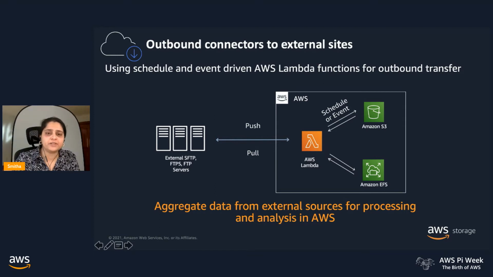Once you pull that data, you can follow the same pre-processing and analytics that you would with your inbound endpoint. The idea again is that you're aggregating data from external sources and bringing it into AWS for processing and analysis.